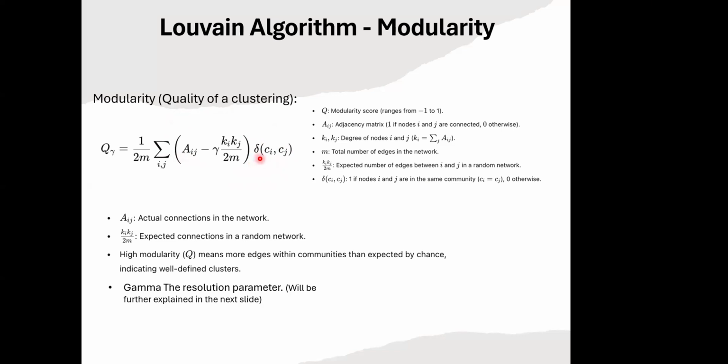Otherwise, this is zero, and therefore it adds 0 to the quality. So I will do a recap. We are taking an average of what our clusters actually give compared to the random graph. I know this is the complicated part, but if you have a question, please ask me. I want to make it as clear as possible.